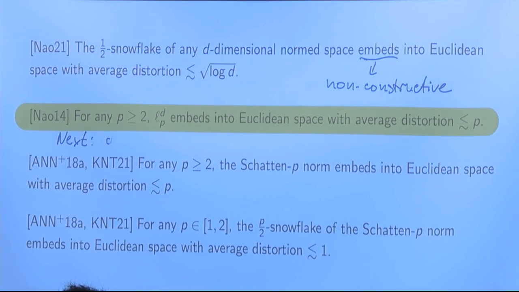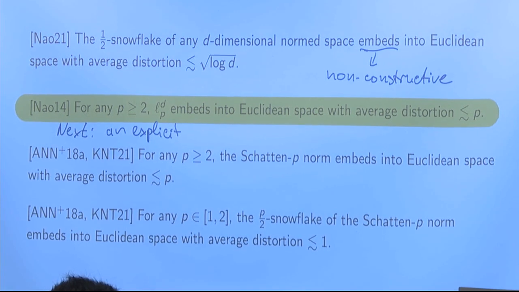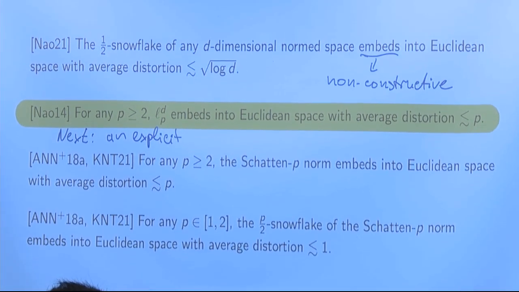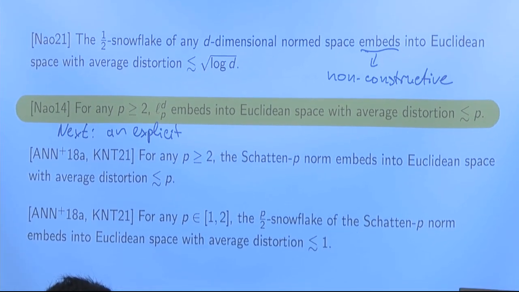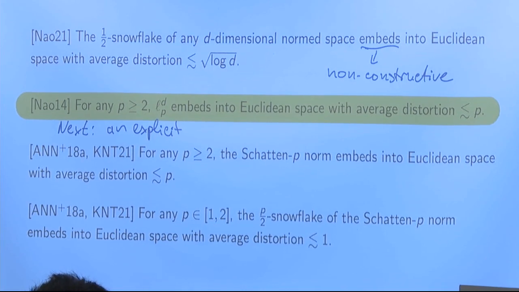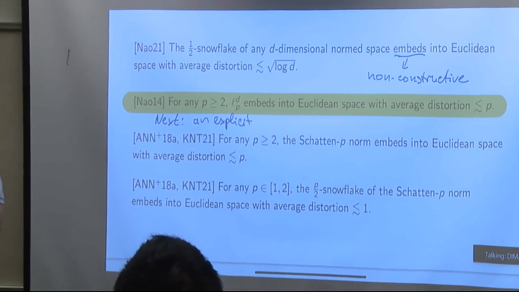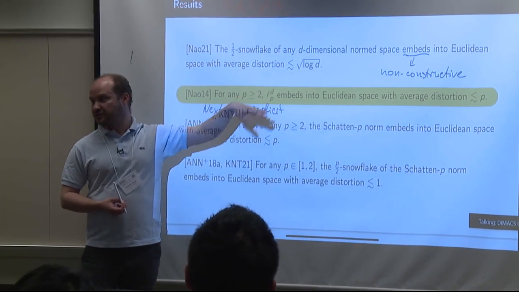Quick question. So what's known for general d-dimensional norm spaces? There's an embedding that we know exists, but the proof is via duality, so we don't know what it looks like. It says that the half snowflake of any d-dimensional norm space embeds with logarithmic distortion.